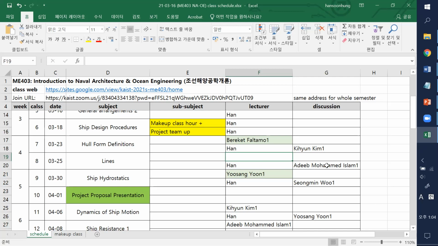We can start with the discussion led by Adib, and go on to my second part of lines actually. Okay, so let me start the second part of the whole form definition class, and go on to the discussion session. And during the break time, we can discuss further on maker class hours. All right.